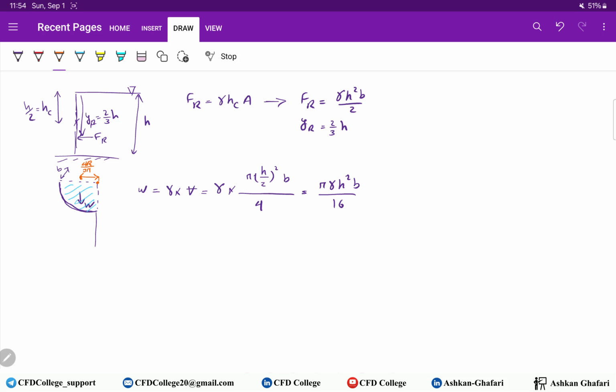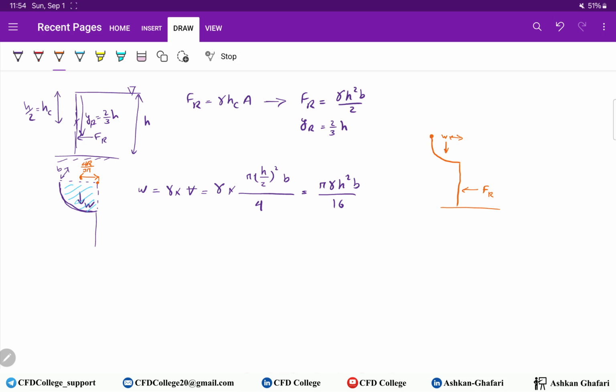So now we have our forces. We have this system, we have Fr, and we know Yr, and we have W, and we know this distance.